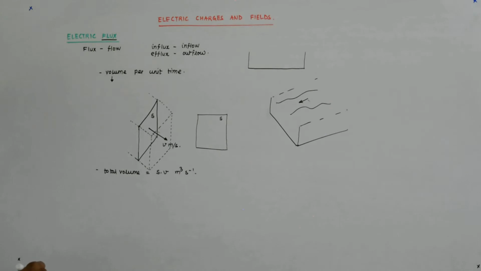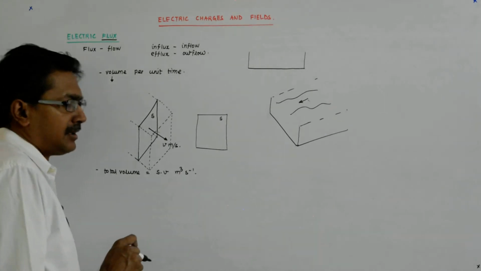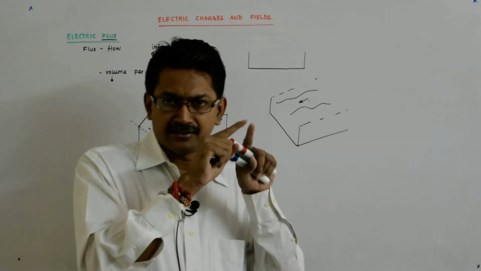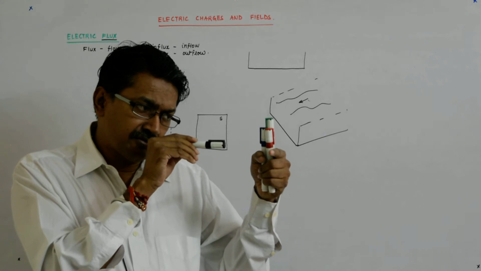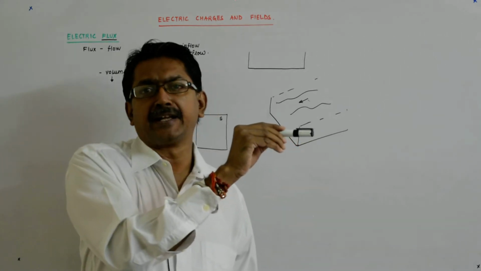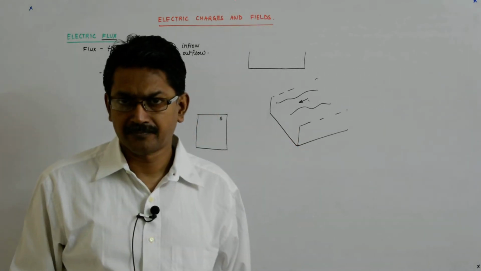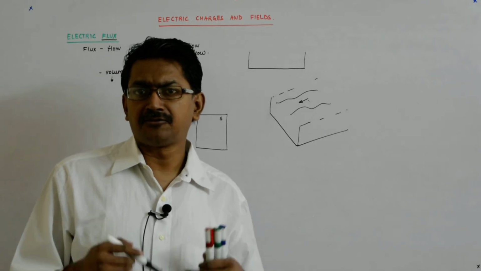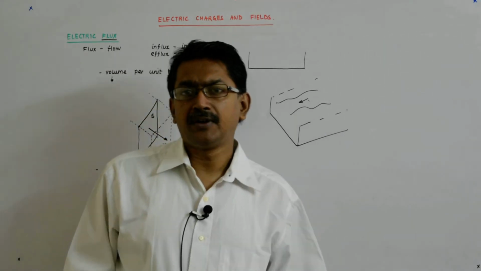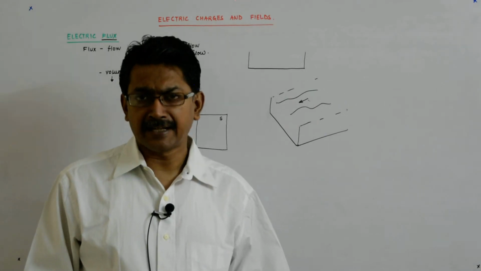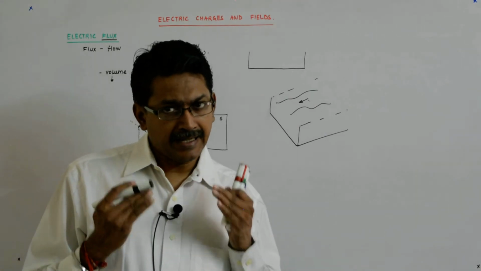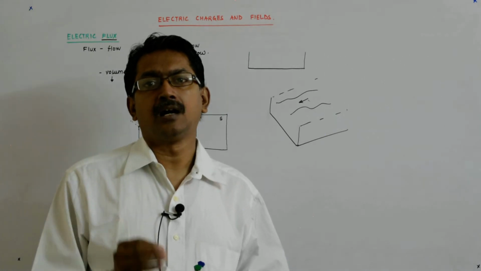Now it is not essential that if there is a window, the velocity will be absolutely perpendicular to the plane of the window. So for the first time, we define our area to be a vector.